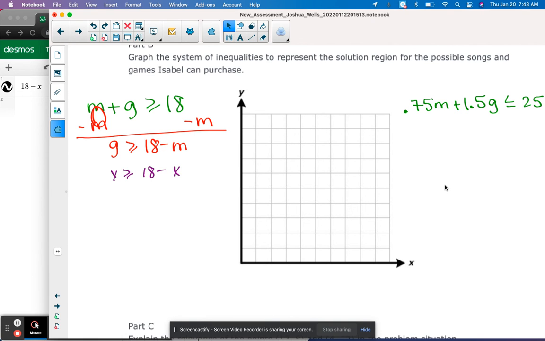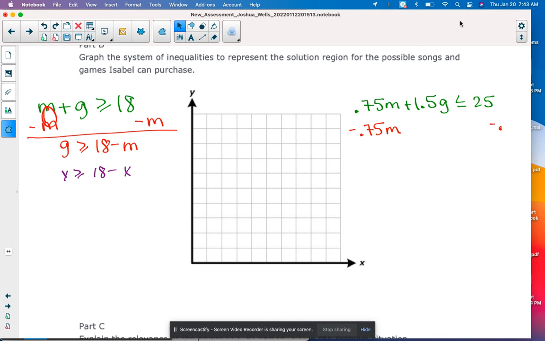First thing we need to do is subtract 0.75 m from both sides. This cancels out and we're left with 1.5 g less than or equal to 25 minus 0.75 m.